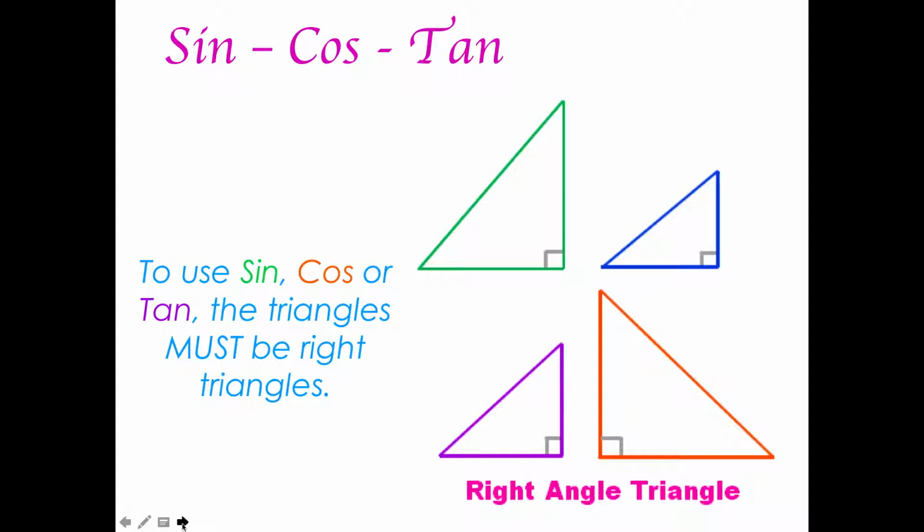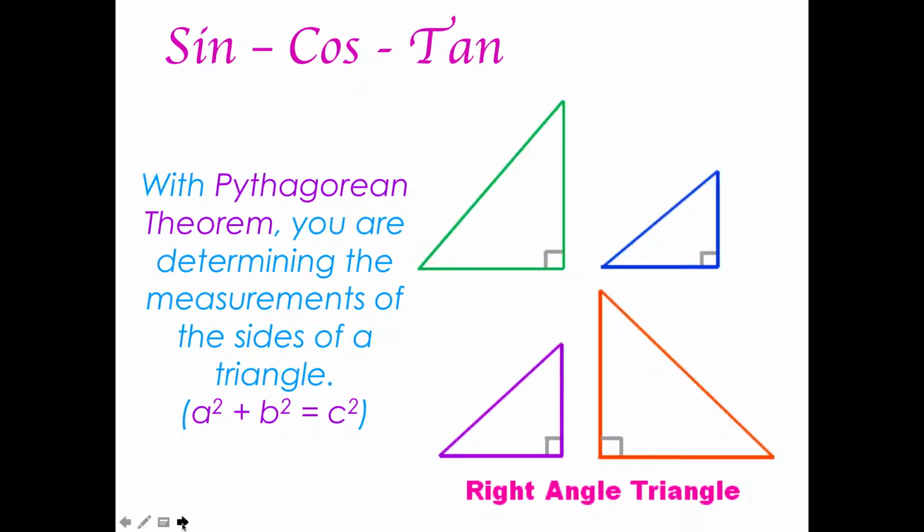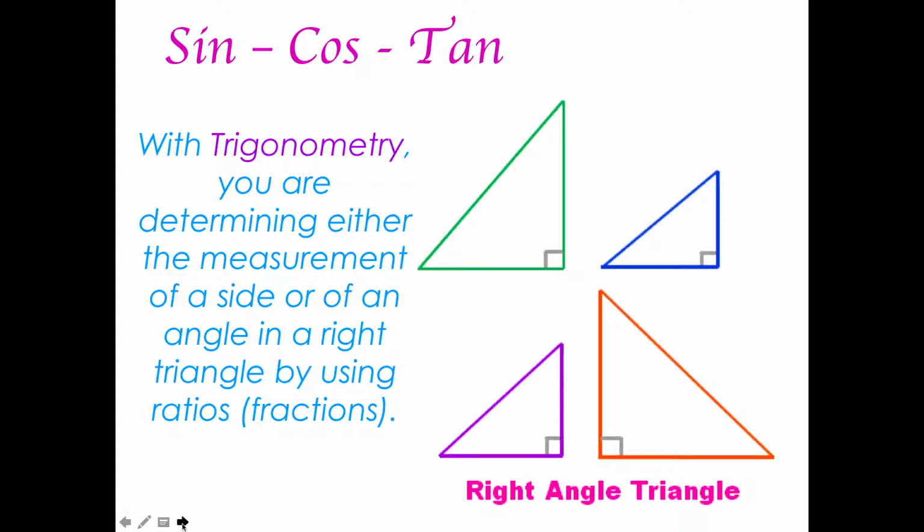So we have to have a right triangle when we're talking about sine, cosine, tangent trig functions. You may recall that we used the Pythagorean theorem for right triangles as well. One thing to remember for the Pythagorean theorem is we were looking just at the outside measurements of a triangle, just the lengths, the different legs and the hypotenuse.